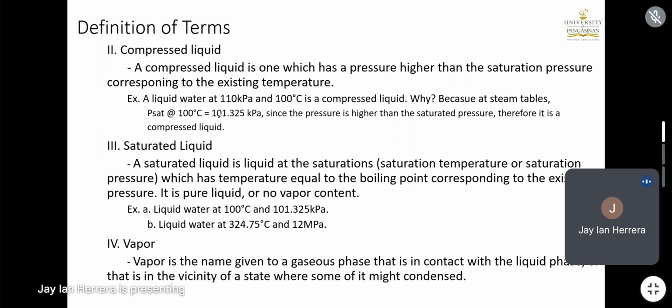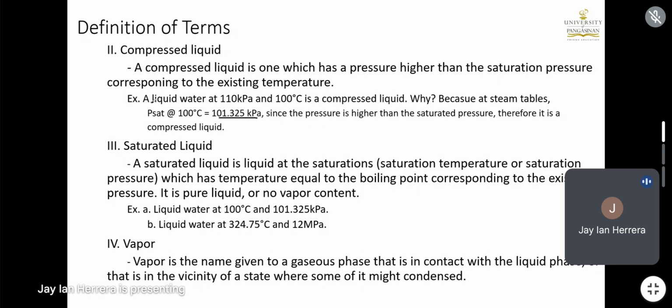PSAT at 100 degrees Celsius is equivalent to 101.325. Since pressure is higher than the saturated pressure, therefore it's a compressed liquid. Sabi niya, under the steam tables kasi or under properties of water, di ba, ang ating temperature or pressure saturated sa 100 degrees Celsius para mag-boil is 101.325.